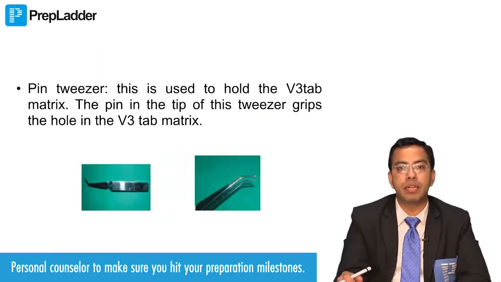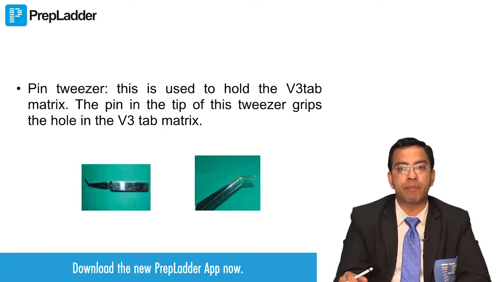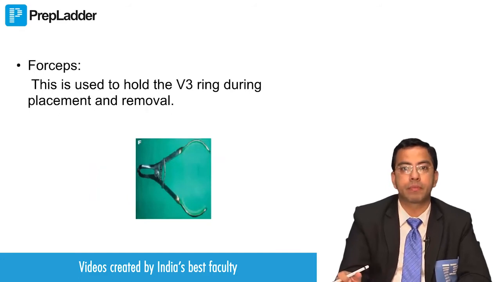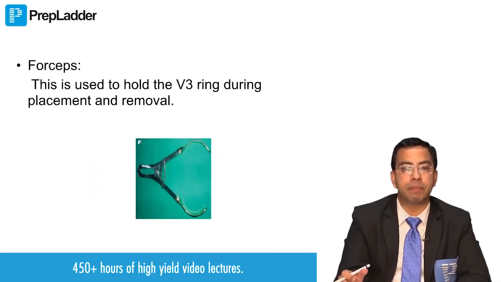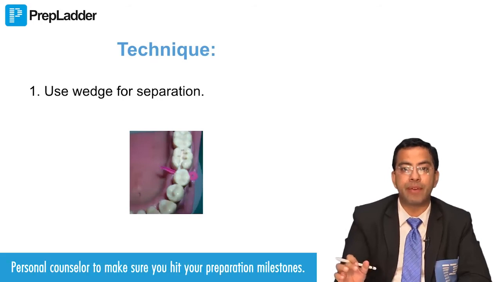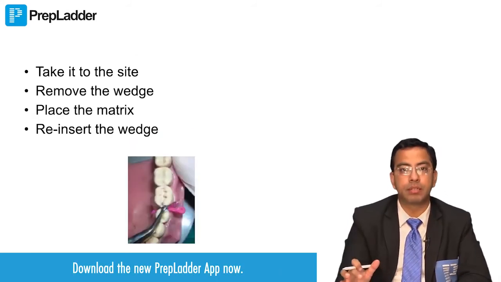You have the pin tweezer. It is used to hold the matrix, and the pin in the tip of the tweezer grips the hole in the V3 tab matrix. Then you have the forceps that are used to hold the ring during the placement and during the removal. So first, you use the wave wedge and you ensure separation. Then you pick up your matrix band with the help of the tweezer.